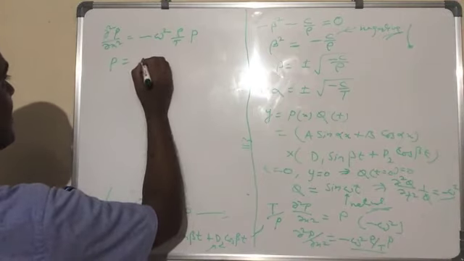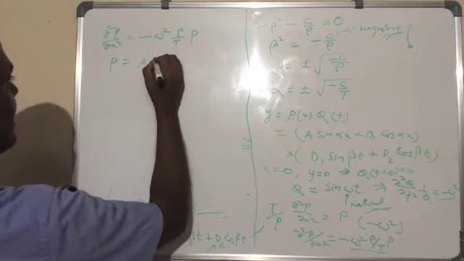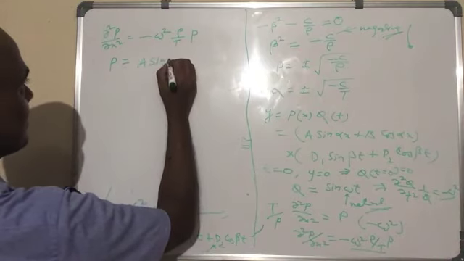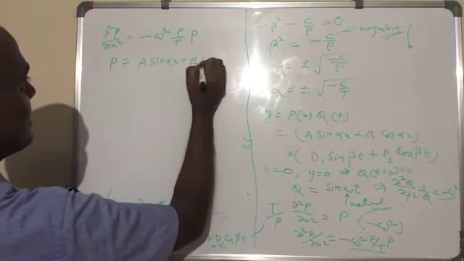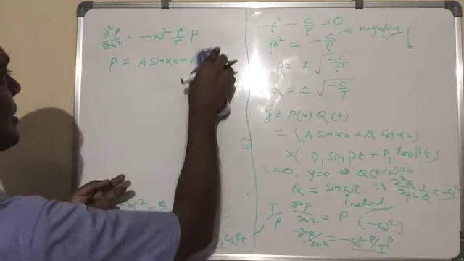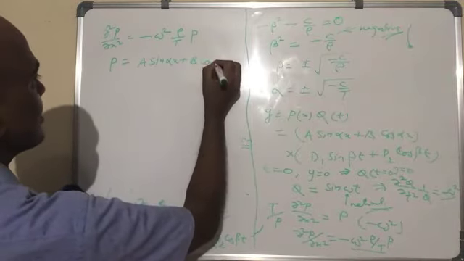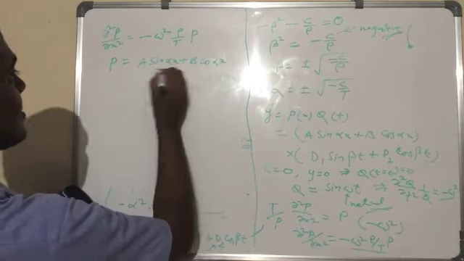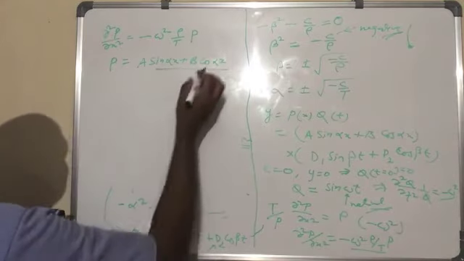So this will be, as we said earlier, a sine alpha x plus b cos alpha x, right?